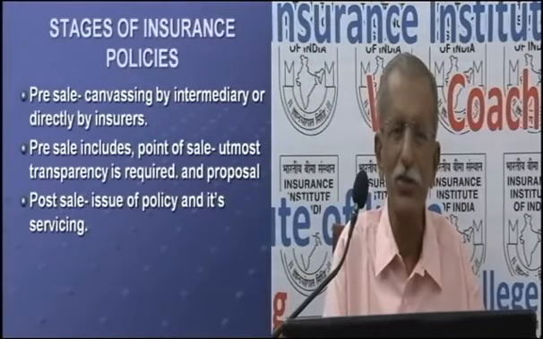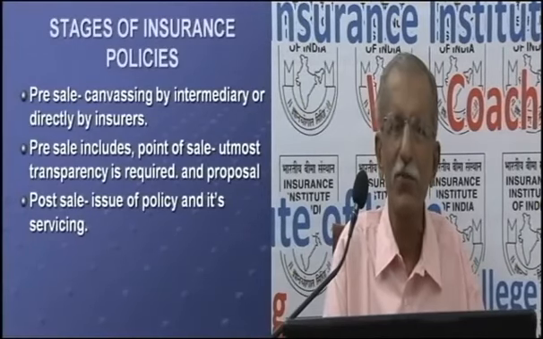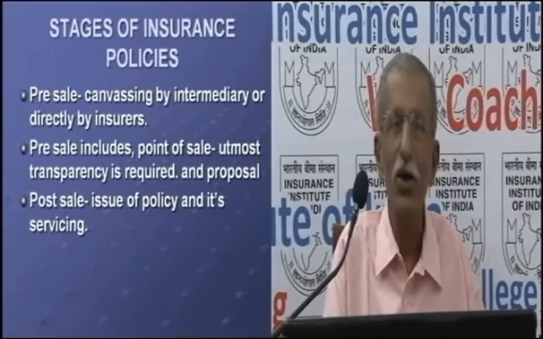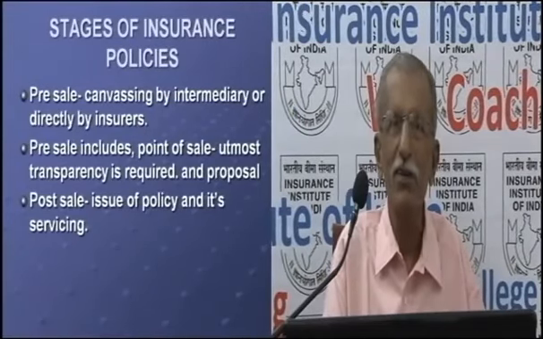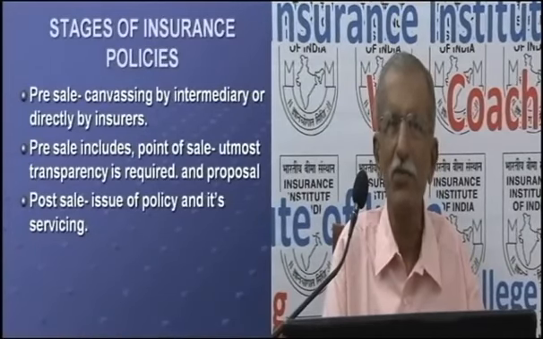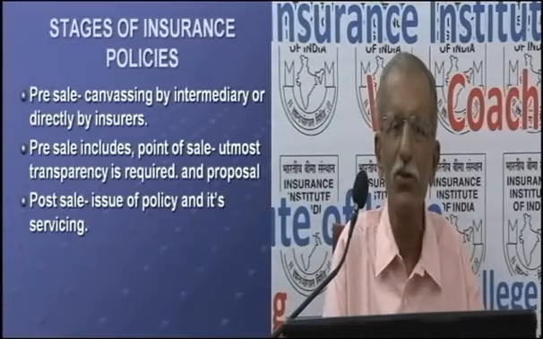It also includes point of sale. At what point the product is sold, like proposal form, negotiation stage, etc. At that stage, utmost transparency is required on both sides. Whatever facts are there, material or non-material, but important for underwriting, all those should be declared to the insurance company.